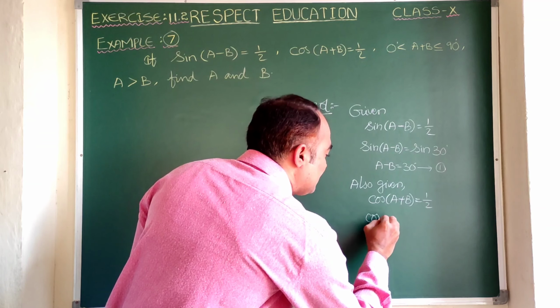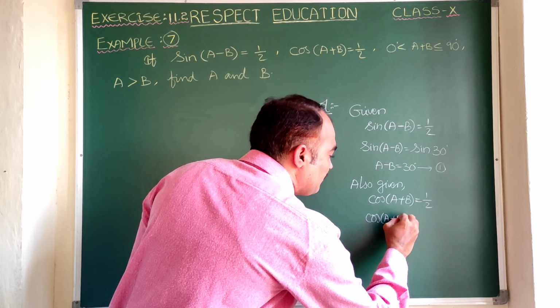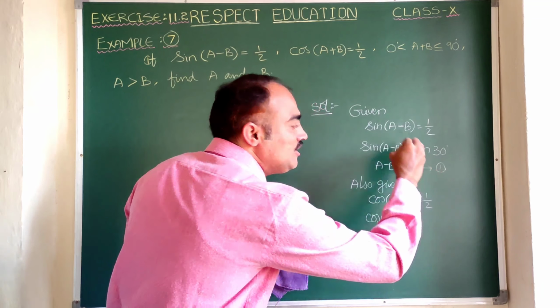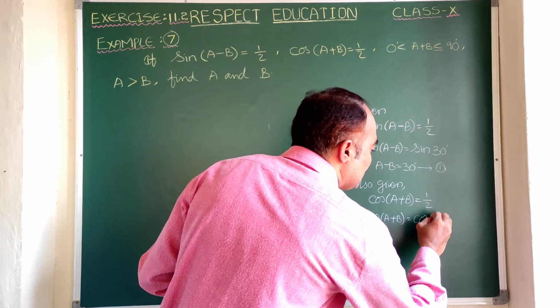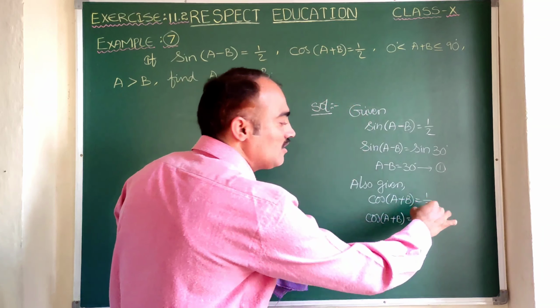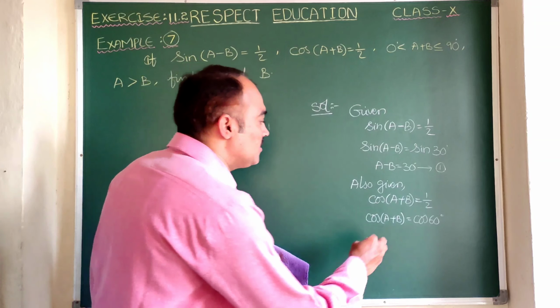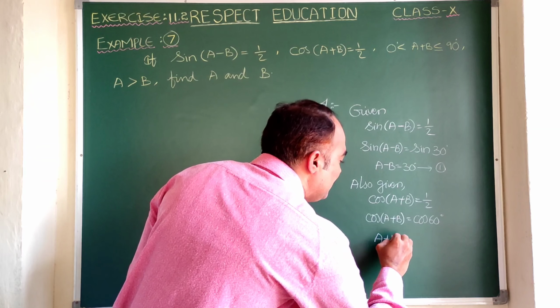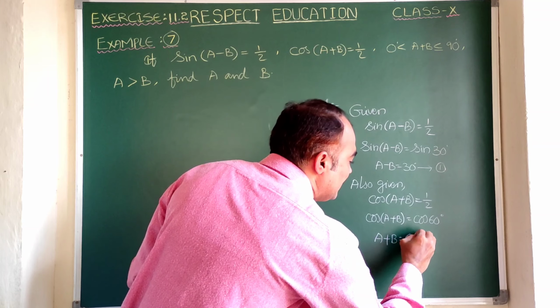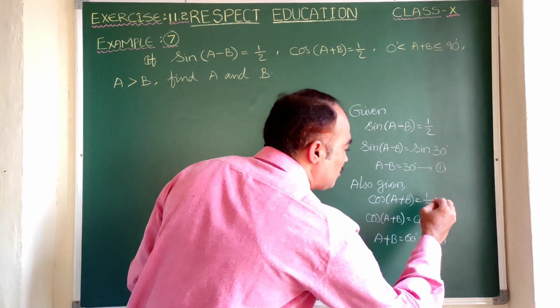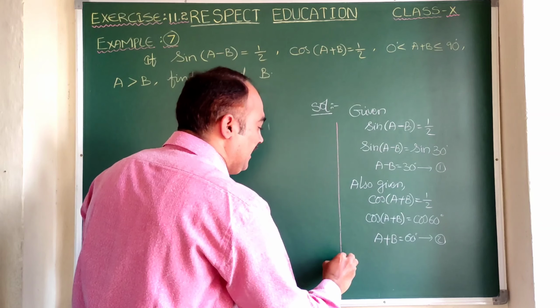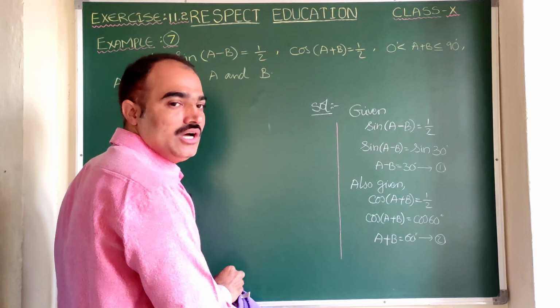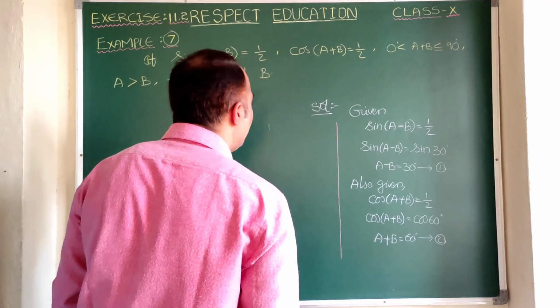Cos which value is 1 by 2? 60 degrees. It is cos 60 degrees. Assume that cos both get cancelled. So here a plus b is equal to 60 degrees. Let us take it as equation number 2. Now we are asked to find a and b.